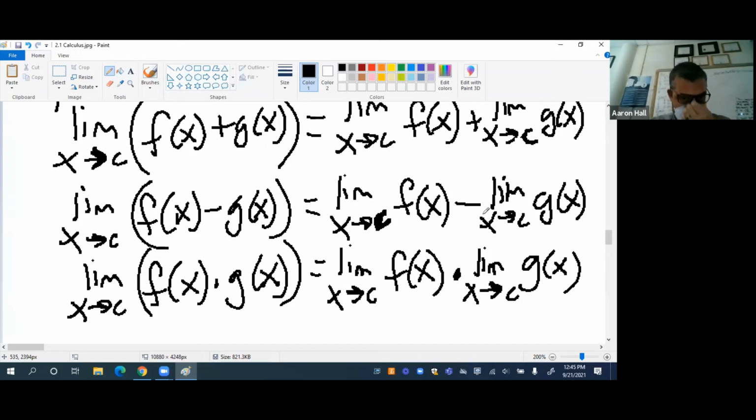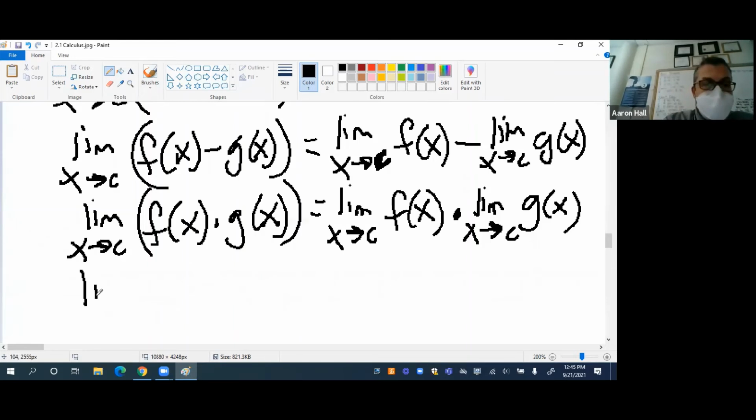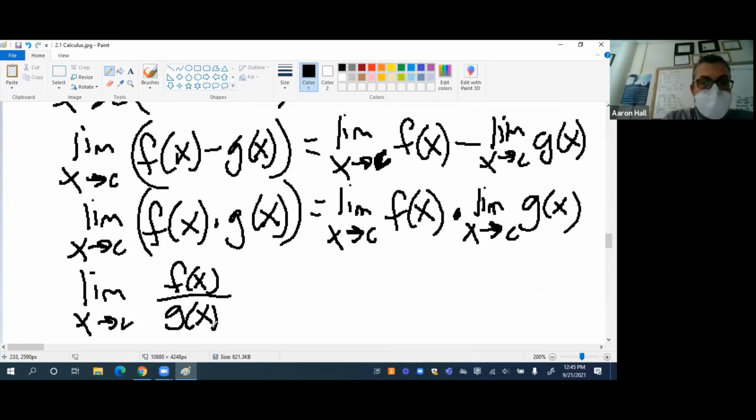Okay. There is no division. I don't think it's actually true that the division, no, it is, it does work. So we do have one that's similar like this. The limit as x approaches c of f of x over g of x equals, Thomas, what? The limit of the quotient of two functions is the quotient of the limits, provided the limit of the denominator is not zero.